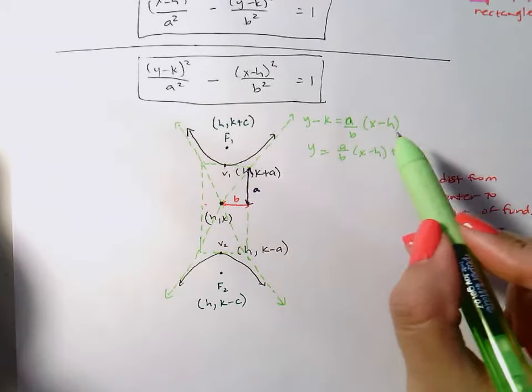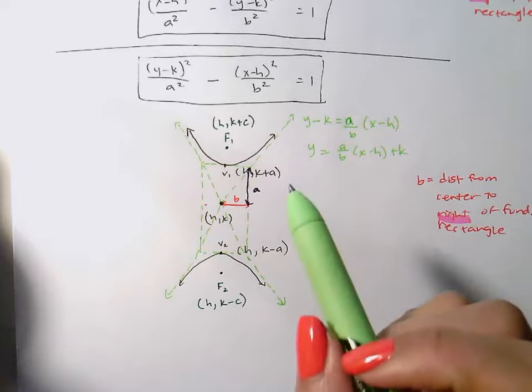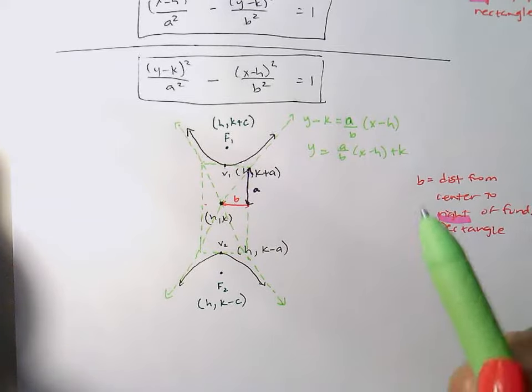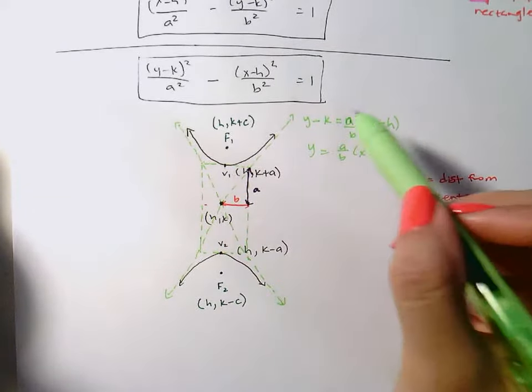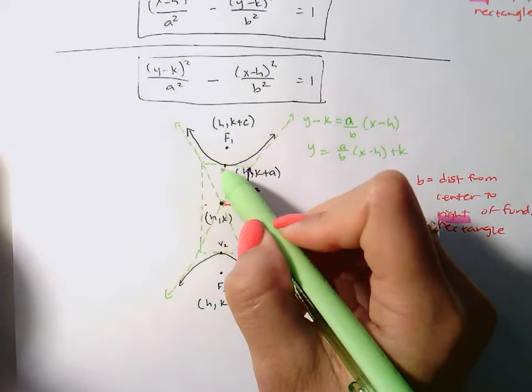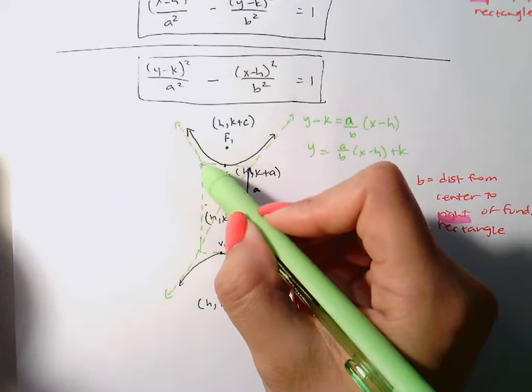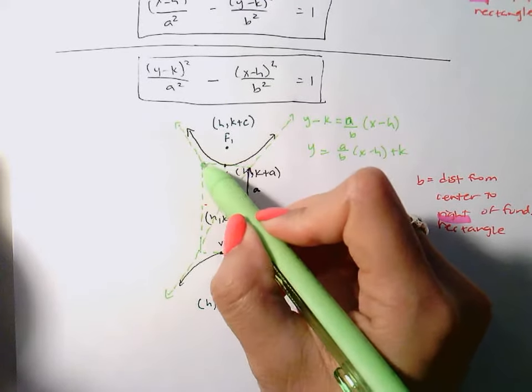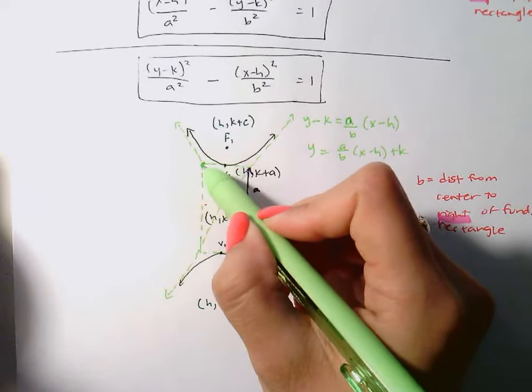Again, you could just leave it in the form y minus y1 equals m times x minus x1 if you wanted to. Now for this one, the only difference is that the slope is going to be negative. So the rise is A, and the run is now going to the left. So in order to go from this point to this point, you go up and then to the left.